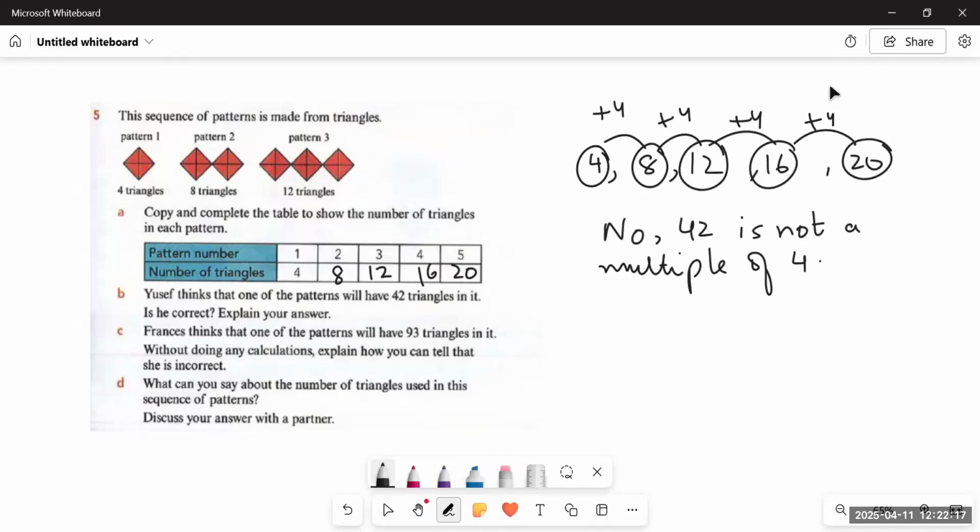In part C, Francis thinks that one of the patterns will have 93 triangles in it. Again, 93 is not a multiple of 4, so we cannot get this number as well.